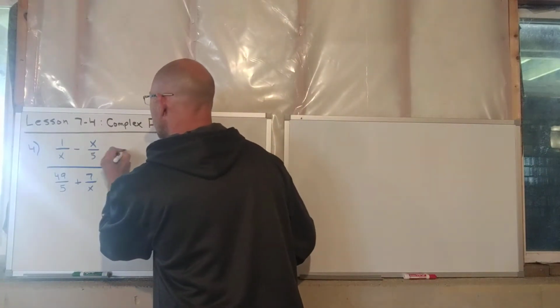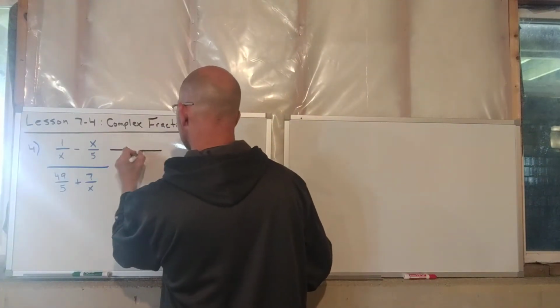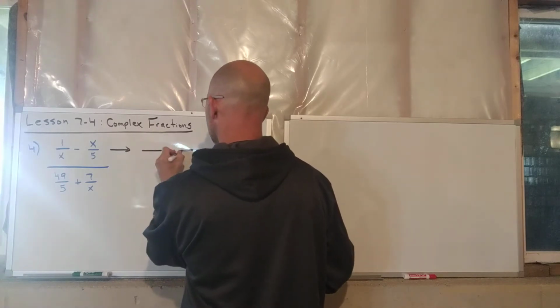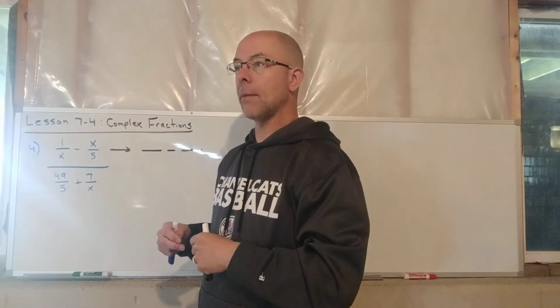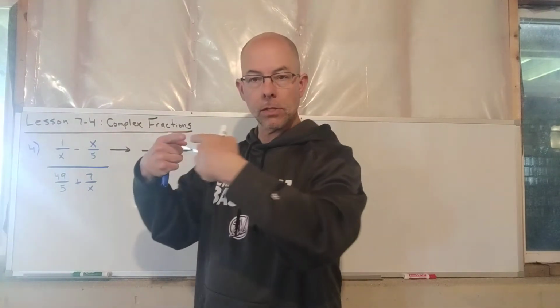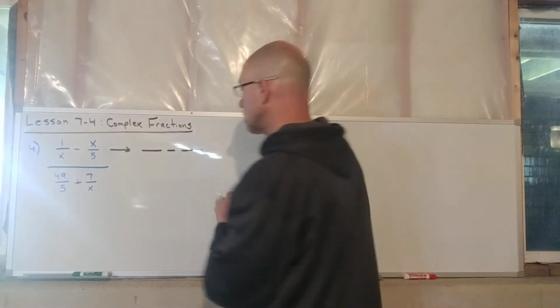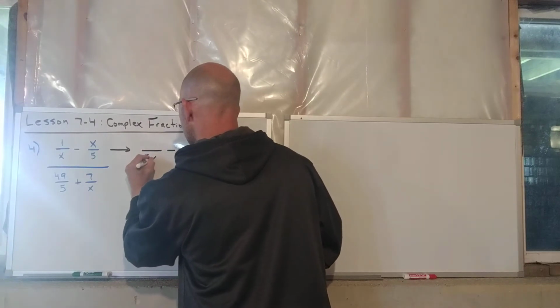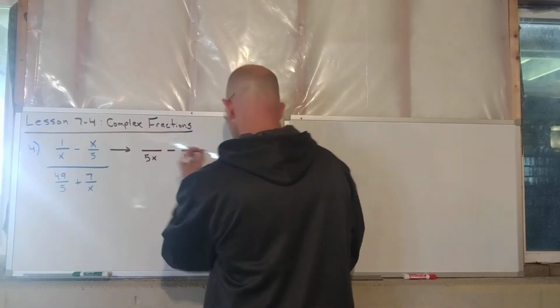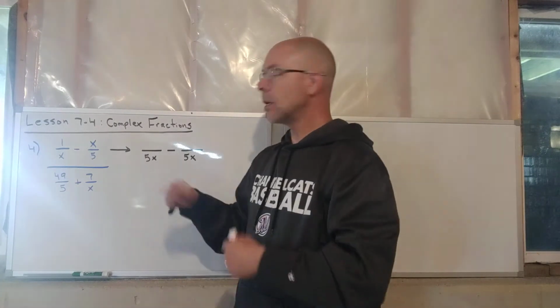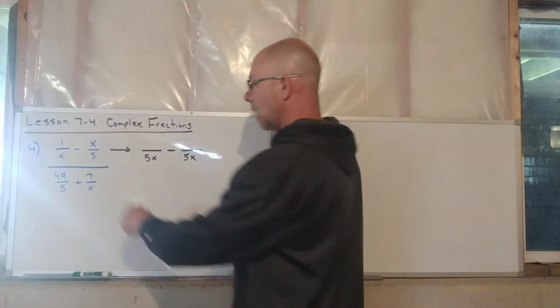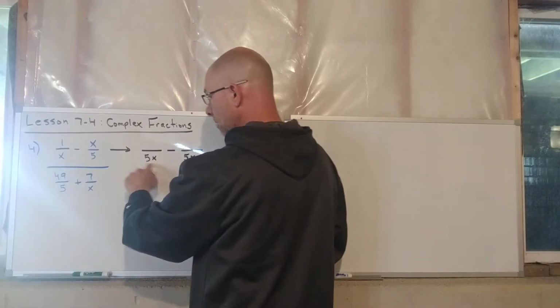Up here, x and 5 are 2 totally different denominators, so multiplying them together makes their common denominator. X times 5 is 5x. And then we adjust the numerators. Now, how did this x become 5x?